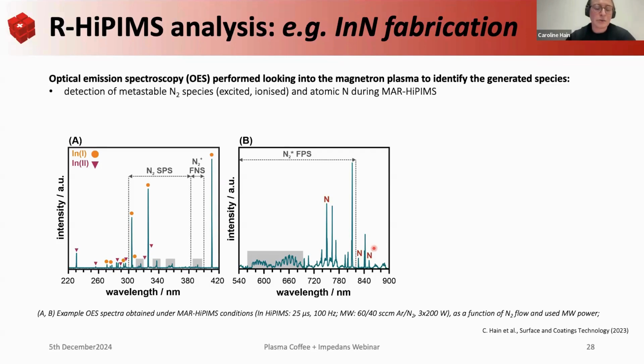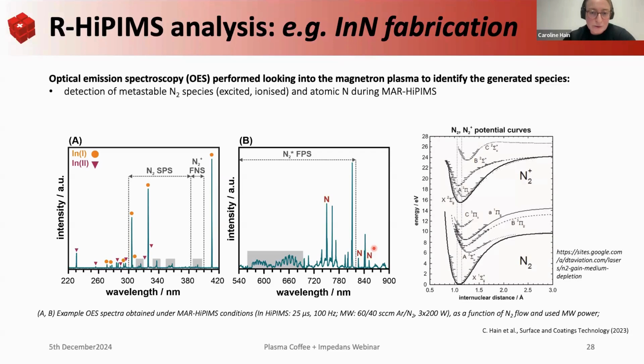In terms of reactivity, when we have these different excited states, we can start to have chemical reactions, because molecular nitrogen itself is inert. It doesn't like to react, so we need a way to get it activated, excited, to ionize or dissociate. But besides identifying what species we have there, we also have these so-called potential curves.